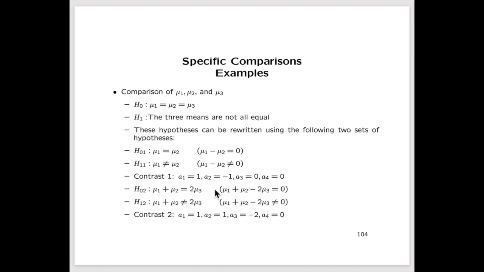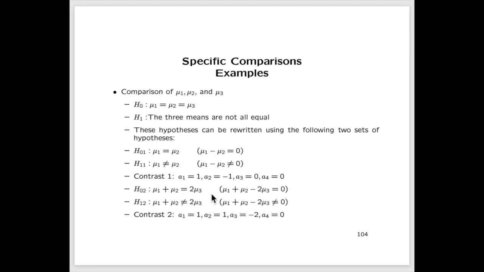And then a way of writing the second set of hypotheses that would round out this particular comparison could be written this way. And so mu1 plus mu2 equal to 2 times mu3 against the alternative that mu1 plus mu2 is not equal to 2 times mu3.